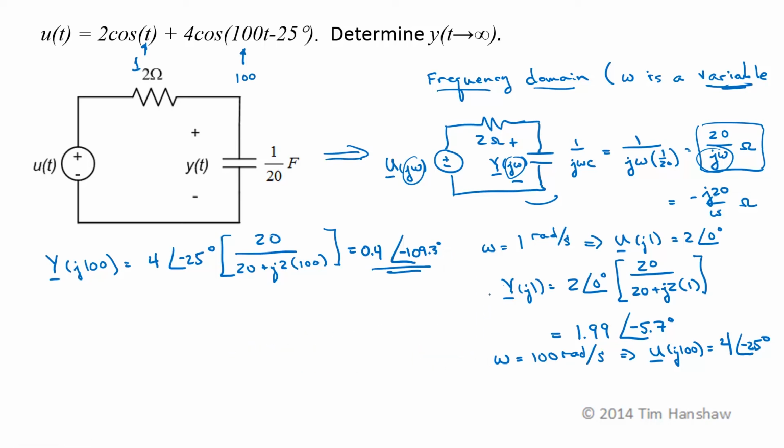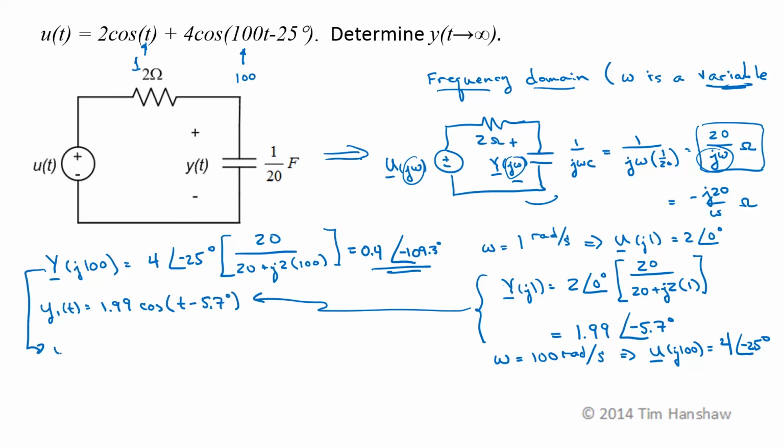So the output at 1 radian per second, I'm going to call y1 of t. From this phasor that is 1.99 cosine of 1 radian per second times t minus 5.7 degrees. From this phasor here, the second component, y2 of t, is equal to 0.4 cosine of 100t, that's its frequency, minus 109.3 degrees.